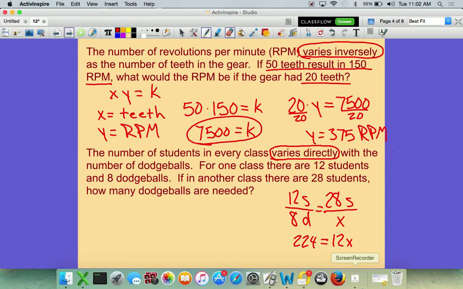So 224 divided by 12 gives us 18 2/3. Well, how does that work? We can't have 2/3 of a dodgeball, at least we shouldn't have it. So, how many dodgeballs are needed to have their proportion? We would have to round this up, wouldn't we? All right, so this would end up being 19 dodgeballs.